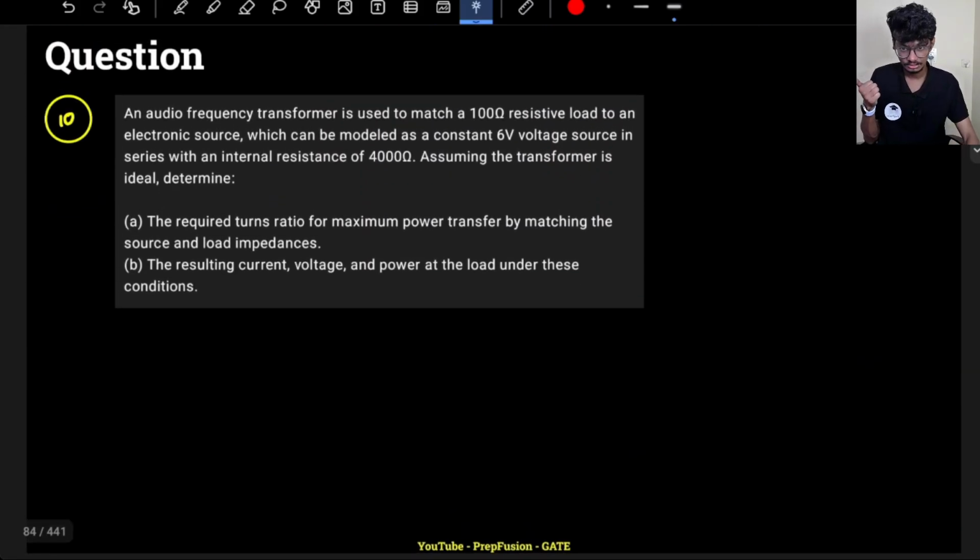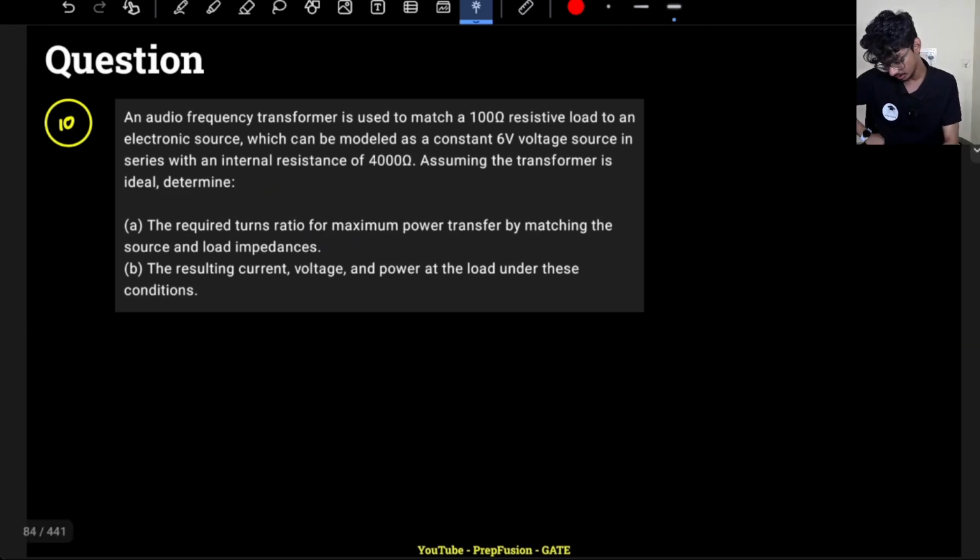So this is the last question that we will do in today's lecture. Here we have an audio transformer used to match a 100 ohm resistive load to an electronic source. So we are discussing impedance matching.